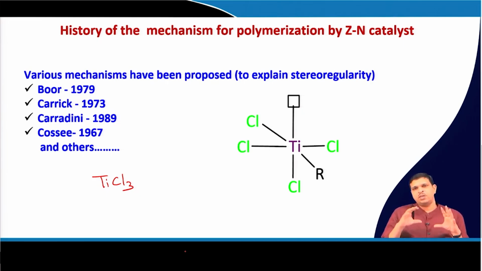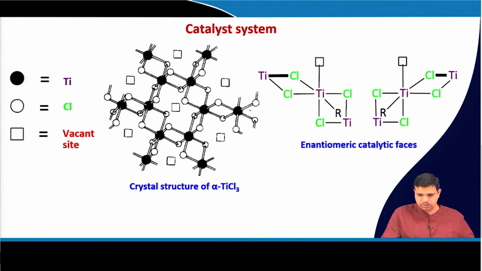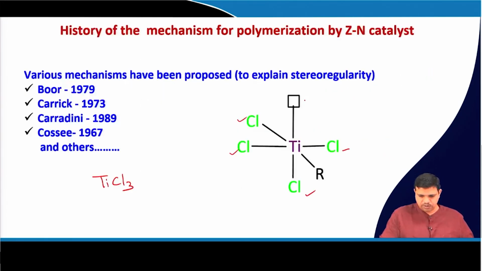It is a discrete polymeric kind of form where these chlorides are shared by another titanium. Okay, so like this one. Here you will see this titanium and this chloride is again shared by another titanium, like that.